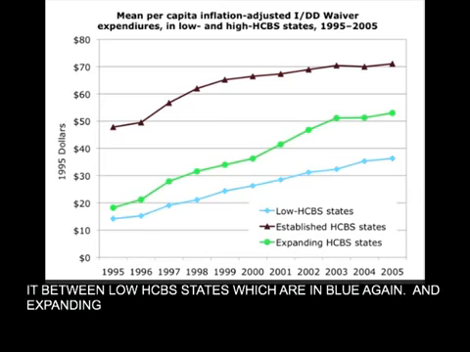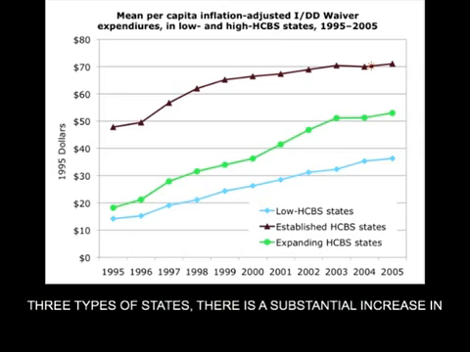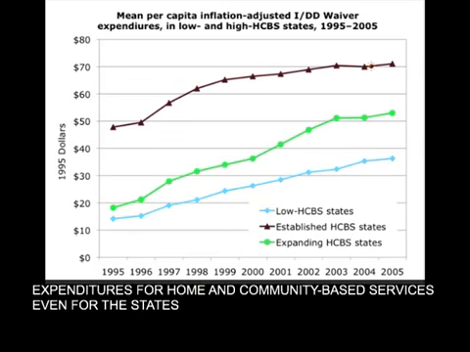But once again, I've divided between low HCBS states, which are in blue again, expanding HCBS states in green, and established HCBS states in brown. And the difference here is that for all 3 types of states, there's a substantial increase in expenditures for home and community-based services, even the states that didn't do any kind of rapid expansion.